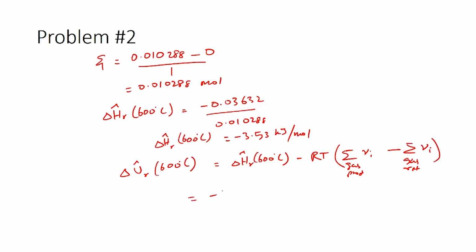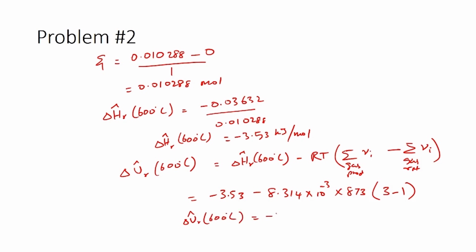So, this would mean minus 3.53 kilojoules per mole minus 8.314, which is the value for R, times 10 power minus 3, because everything is in kilojoules and I am converting it into appropriate units, multiplied by the temperature, which is 873 Kelvin, times the gaseous products, which are 3 moles. So, 1 plus 1 plus 1 minus 1, which is the reactant. This would give delta UR at 600 degrees Celsius as minus 18 kilojoules per mole.